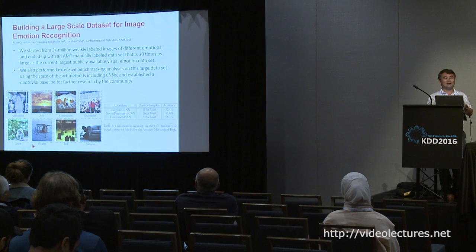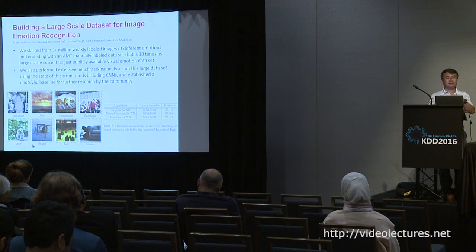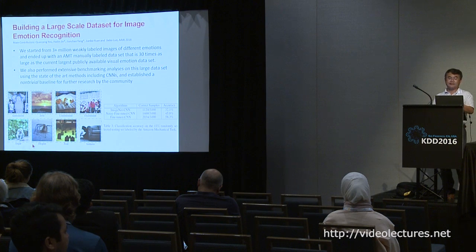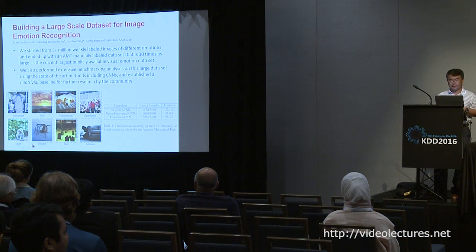In other words, the baseline is not a low baseline. Okay, imagine the prior. The prior is 1 over 8, which is 12.5%. So this is almost 5 times the prior, or of random guess. Okay. So this data set is available to the community.